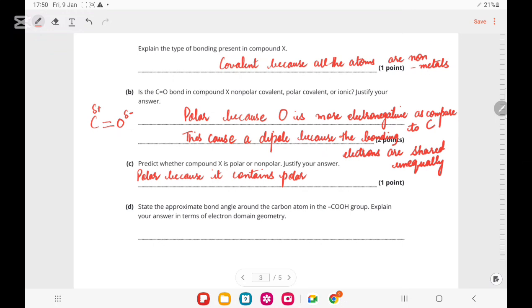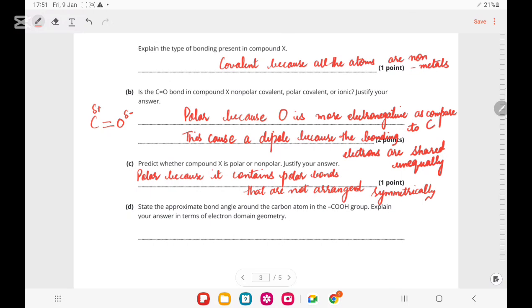It contains polar bonds that are not arranged symmetrically. If they were symmetrical, then what happens? It will make them non-polar.